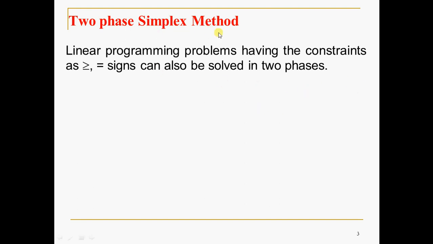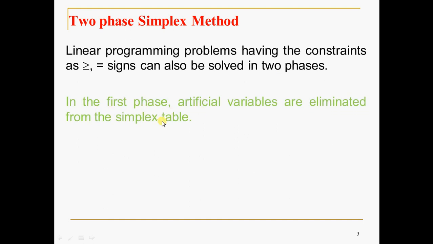The two-phase simplex method is an alternative to the big M method. An LPP having constraints of greater than or equal signs, of course including lesser than or equal type, can also be solved in two phases.